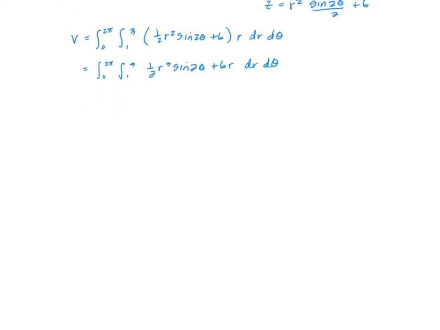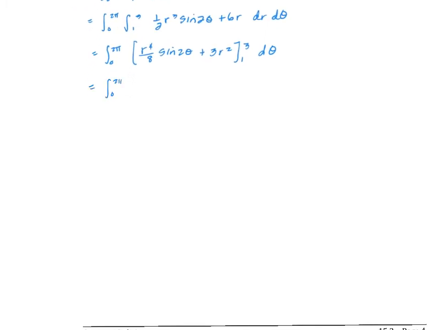Integrating with respect to r for the inner integral, I remember the sine of 2 theta is just a constant, so it becomes r to the 4th over 8 times sine of 2 theta plus 6r squared over 2, so that becomes 3r squared, evaluated from r equals 1 to 3, d theta.